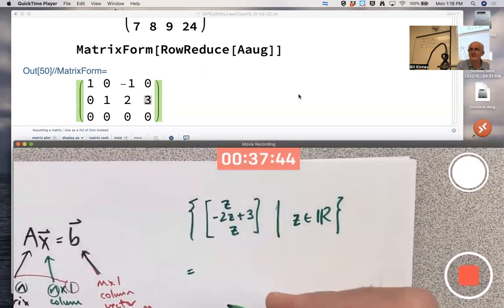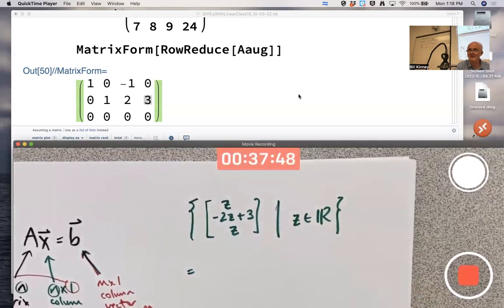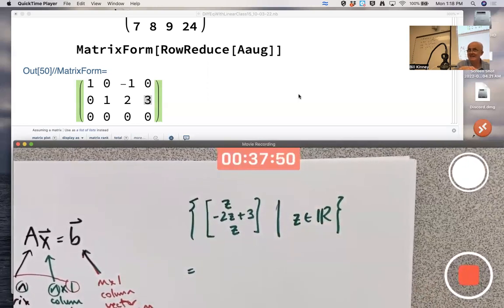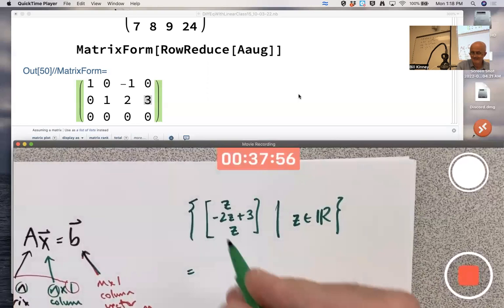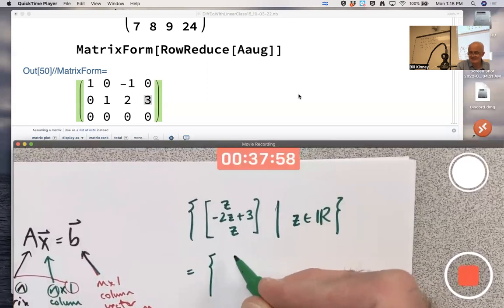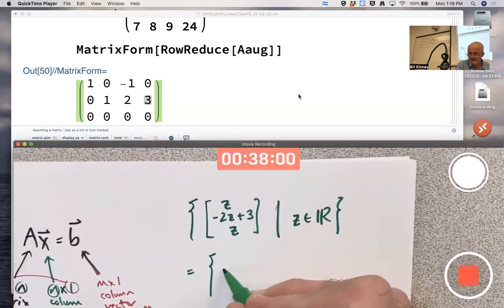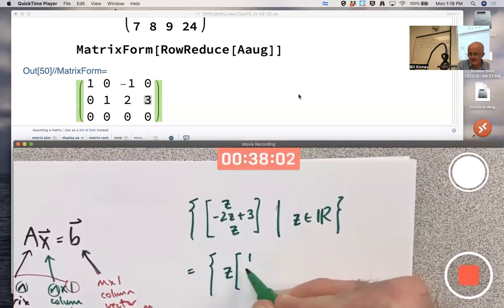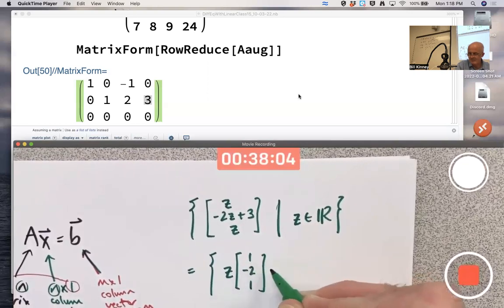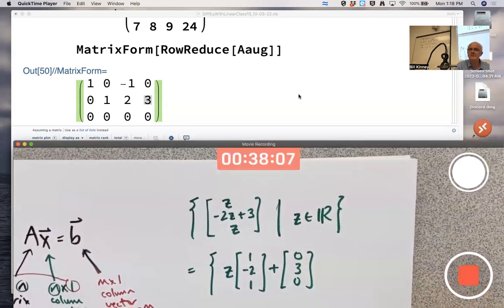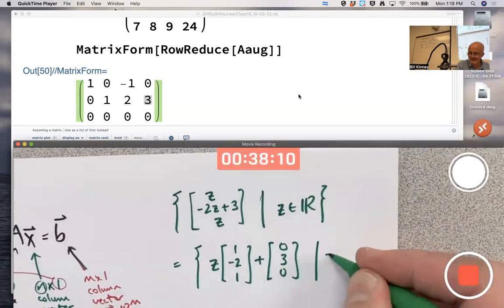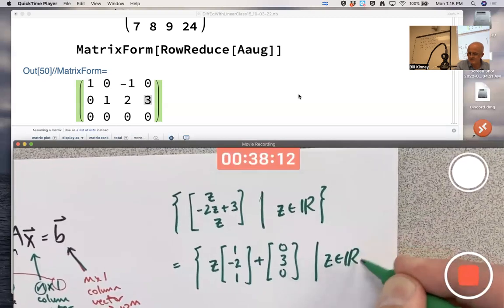There's infinitely many solutions. With situations like this example, usually with the right-hand side, it's inconsistent. There's no solutions. But if there is a solution, there's actually infinitely many. You can write that vector as a linear combination. Z times the vector 1, negative 2, 1, plus the constant vector 0, 3, 0, as Z varies over real numbers.